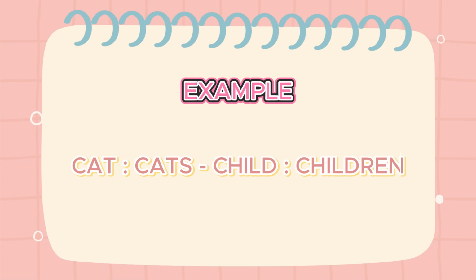Here's another example. Cat, cats, child, children. Here, the pattern is pluralizing nouns. The singular noun cat is made plural by adding s. The singular noun child changes to children, which is an irregular plural form.